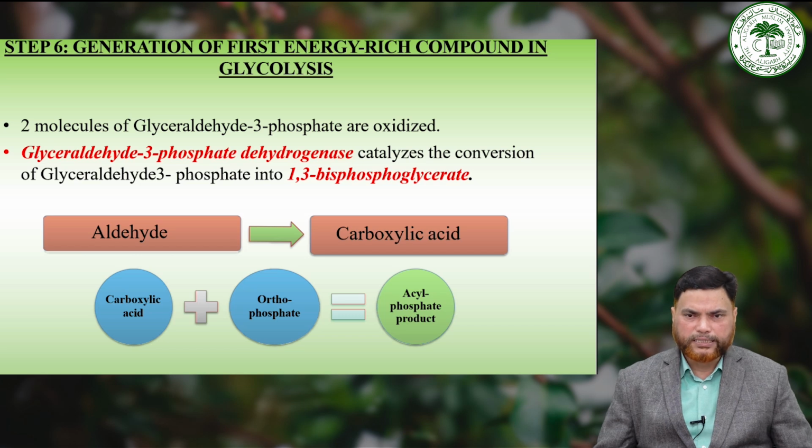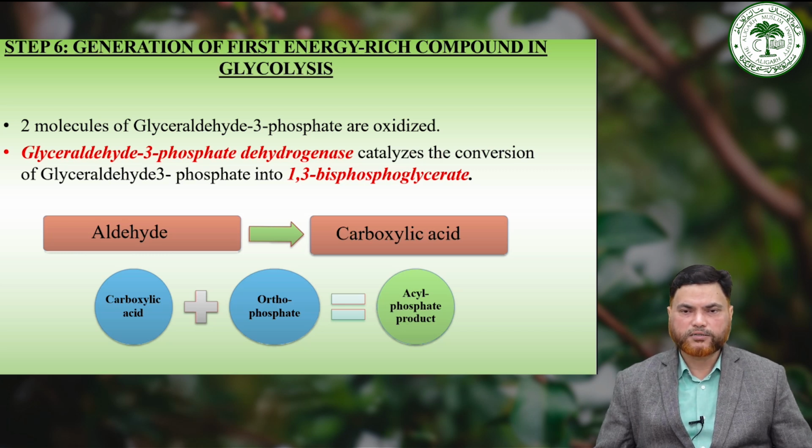But you see in the slide, the initial step in this phase involves the oxidation of glyceraldehyde 3-phosphate, and the conversion of glyceraldehyde to its acid form is generally linked to the reduction of NAD to NADH.